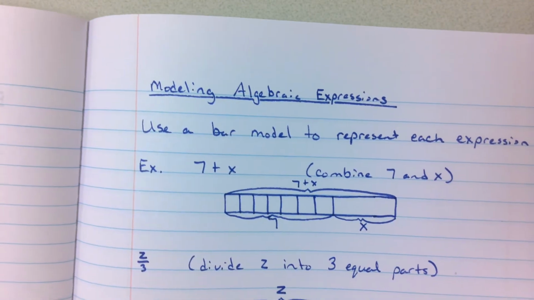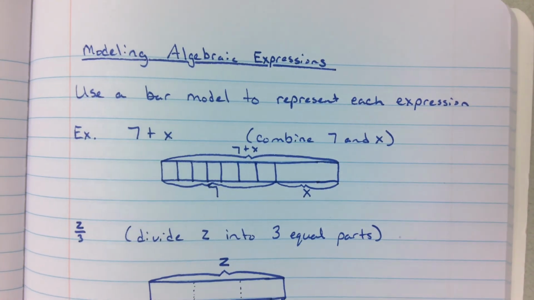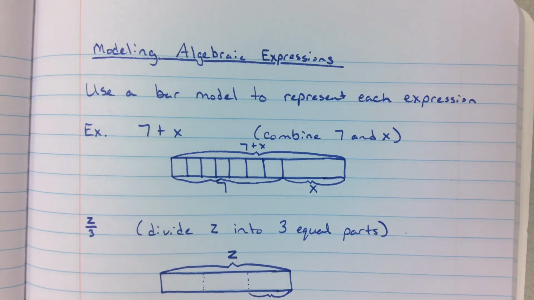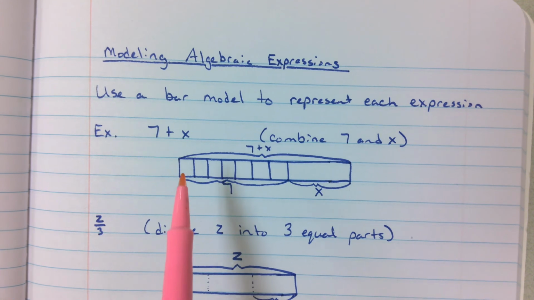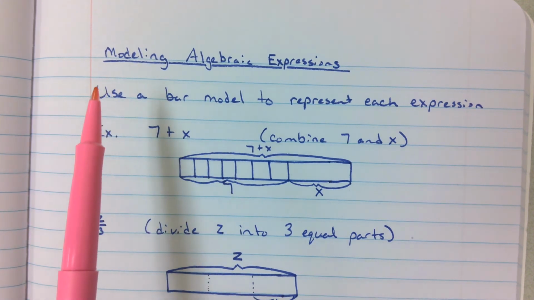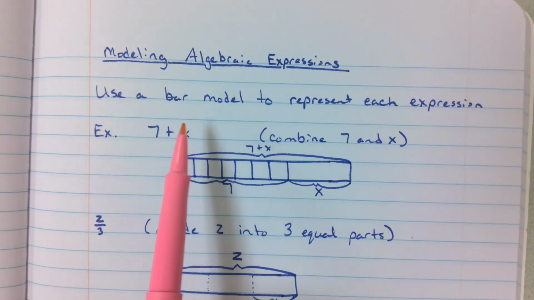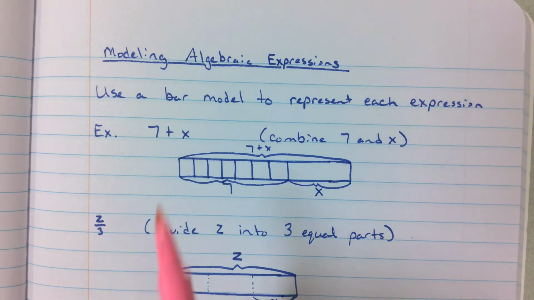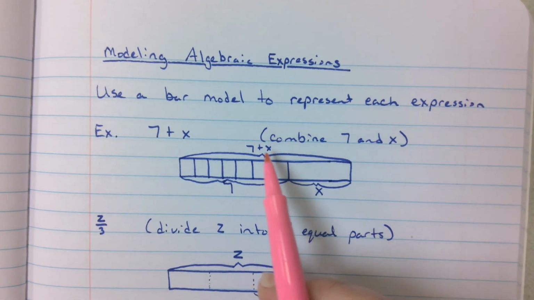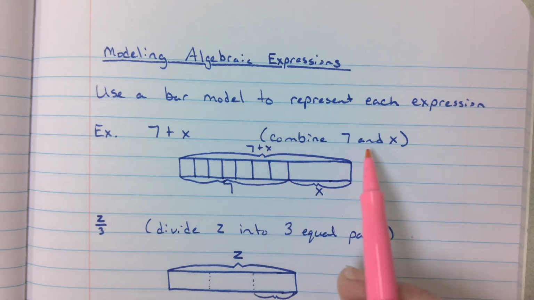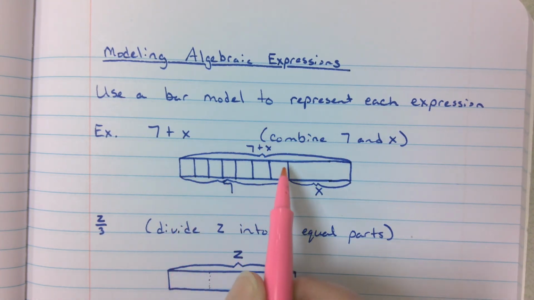We're going to look at some models. This is going to help you if you're struggling with the abstract, not being able to visualize it. This is a different way to visualize these expressions. We're going to use bar models to represent each expression. Right here I have 7 plus x. On your bar model, you're going to combine 7 and x. So right here I have 7.